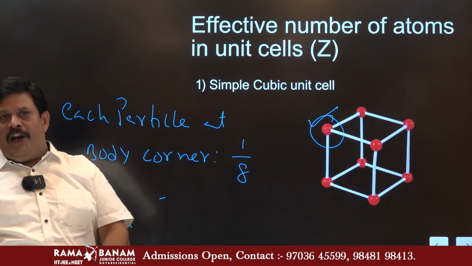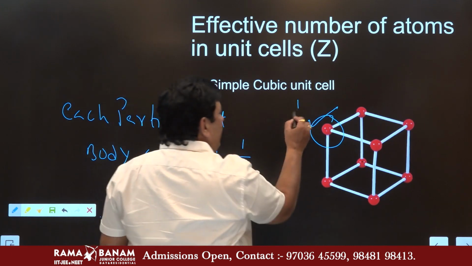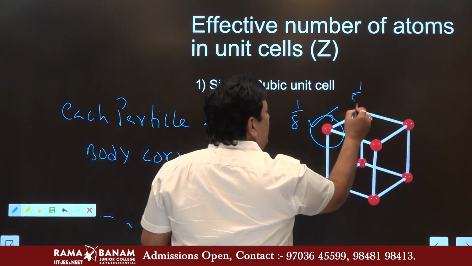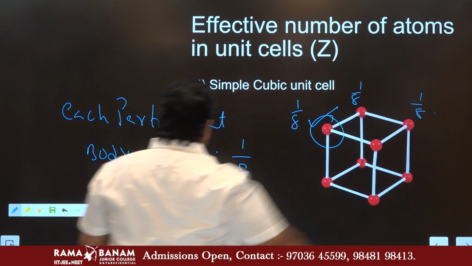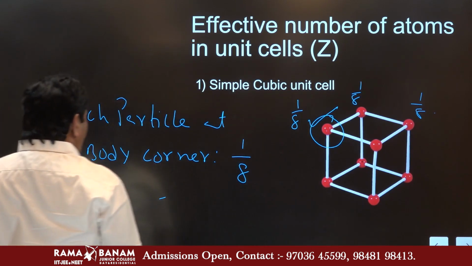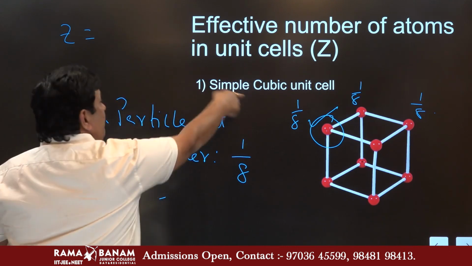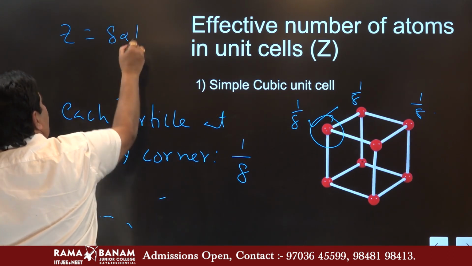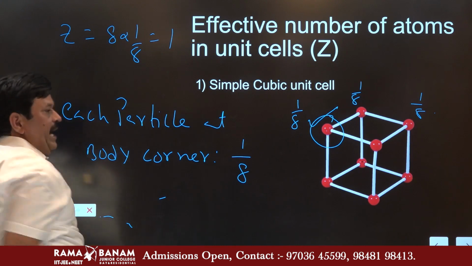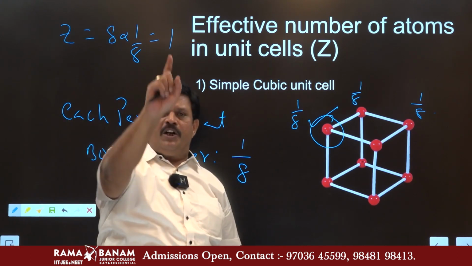There are 8 body corners. Each body corner contribution is 1 by 8. So, the effective number of atoms, represented by Z, for a simple cubic unit cell is 8 into 1 by 8. So, the Z value for simple cube is 1.